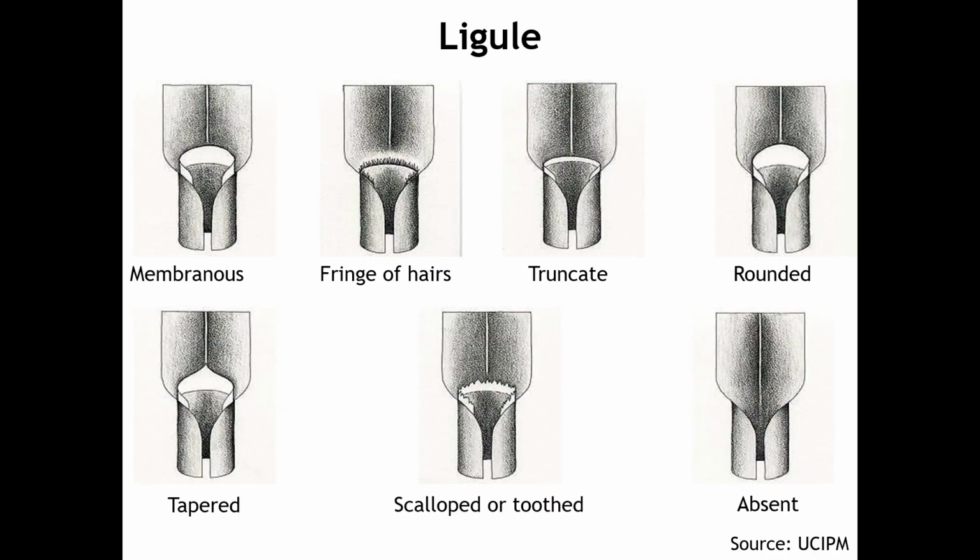So ligules, as I said, can come in various shapes and sizes, or can be completely absent. As you can see, some are membranous, fringe of hairs, truncated, rounded, tapered, scalloped, or, as I mentioned, completely absent.